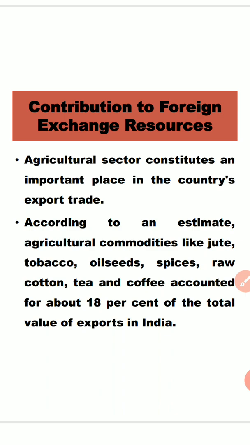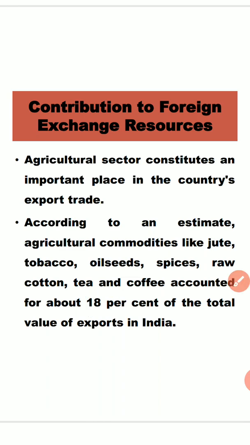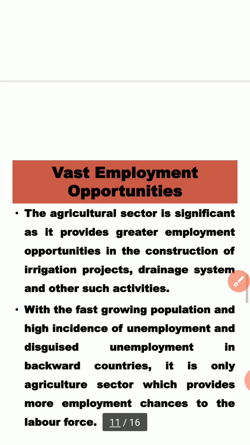We have to import, and in return, we have to pay in dollars. So where do the dollars come from? By exporting. So the agriculture sector exports and helps in earning dollars. According to one estimate, the agriculture sector accounts for 18% of the total value of exports from India. So this way also agriculture plays a very important role.